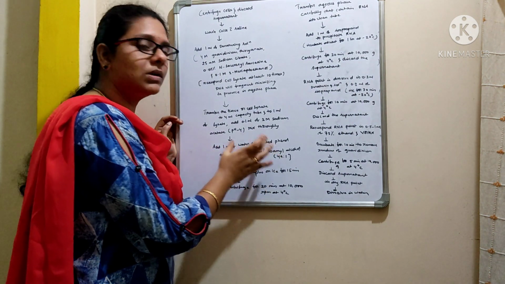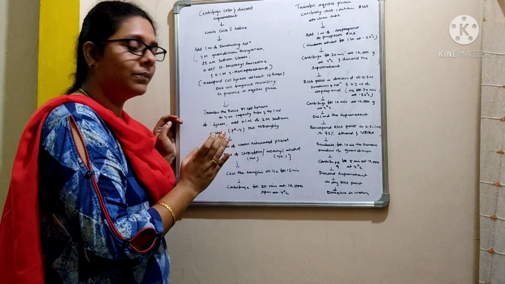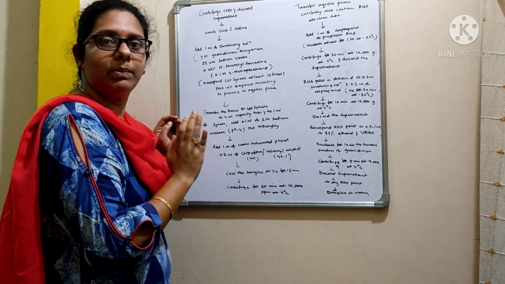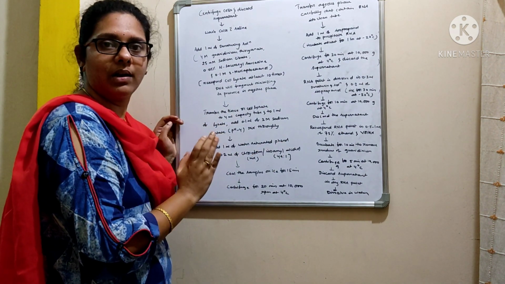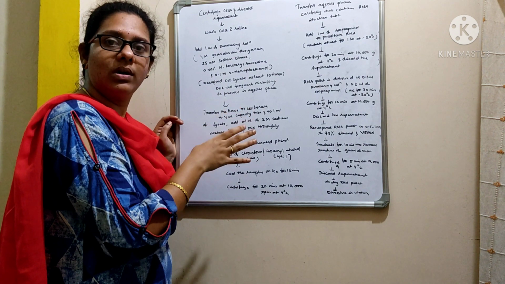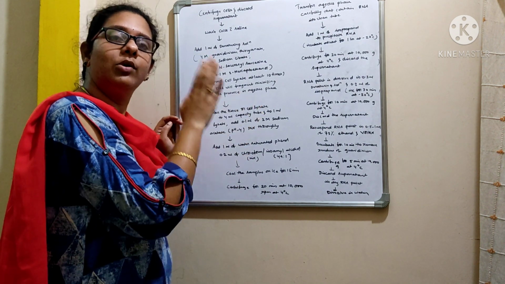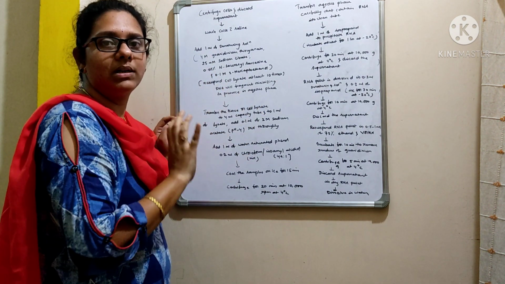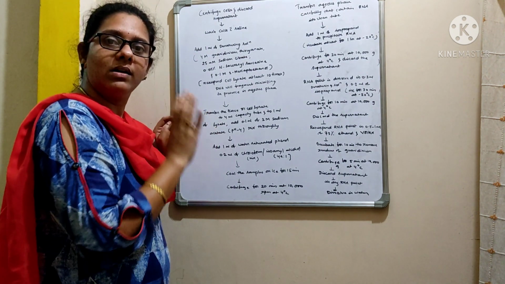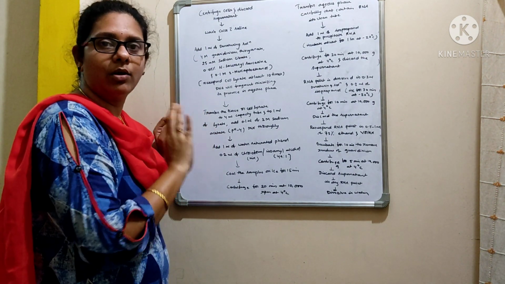The reason for using water saturated phenol is that you need to maintain an acidic pH for the isolation of RNA. But if your pH is neutral, that is if the pH is 7, both the DNA and RNA will be partitioned in the aqueous phase, but your interest is to isolate RNA only and not the DNA.